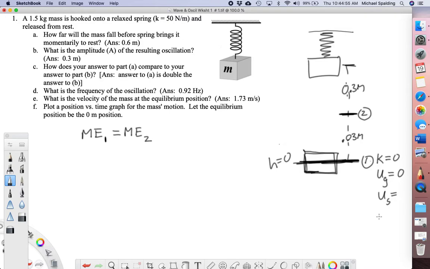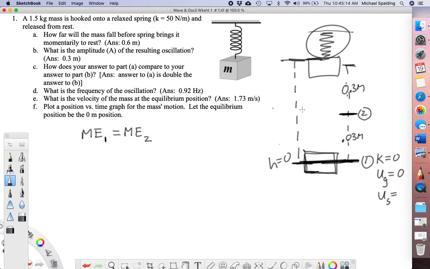And potential of spring, do we have potential of spring? Absolutely, because the spring started up here and the spring got stretched to get down to this point. So I'm going to call this distance x1.